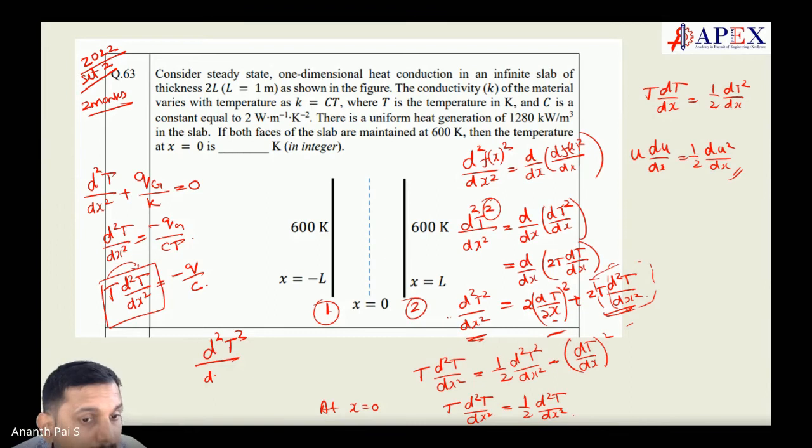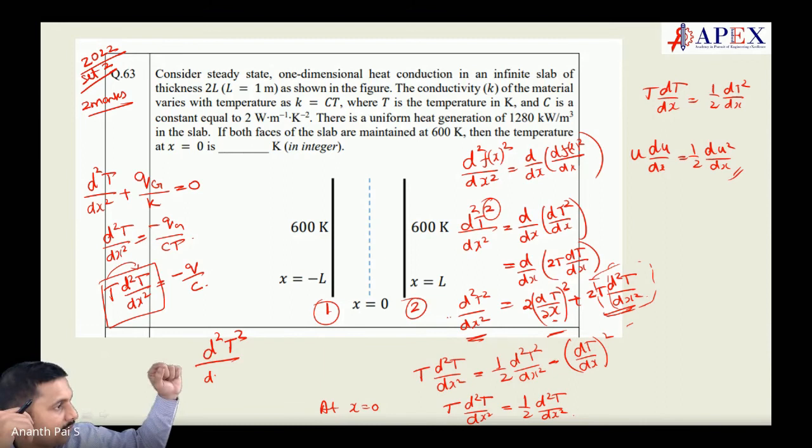What is the purpose to integrate? What is the purpose after integration? You get only near the center. Exactly.